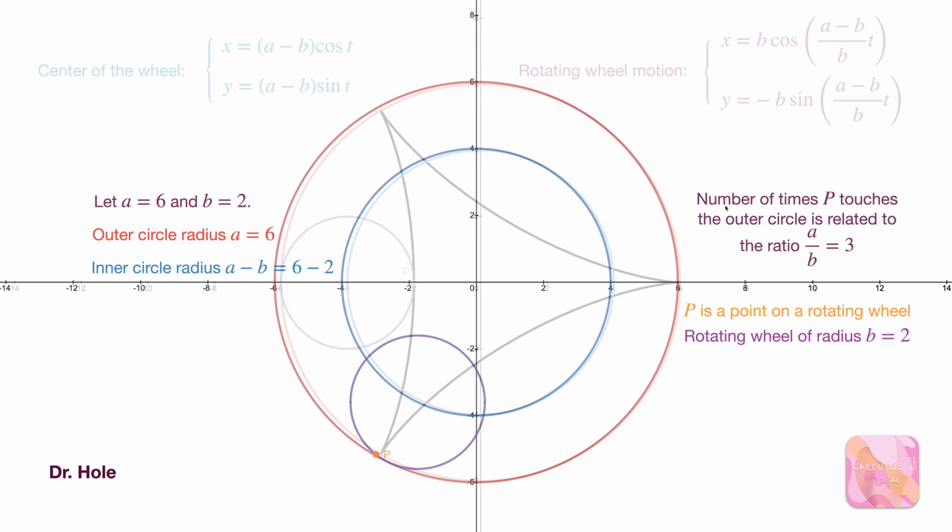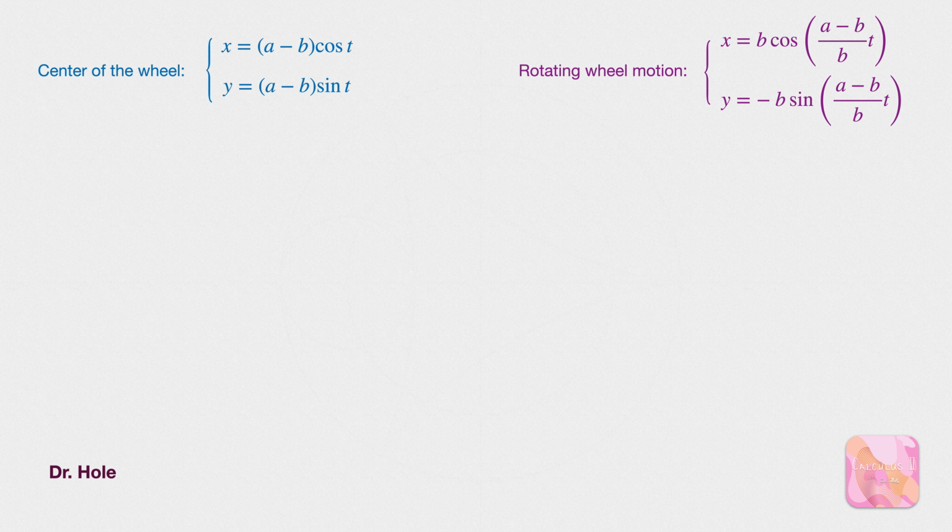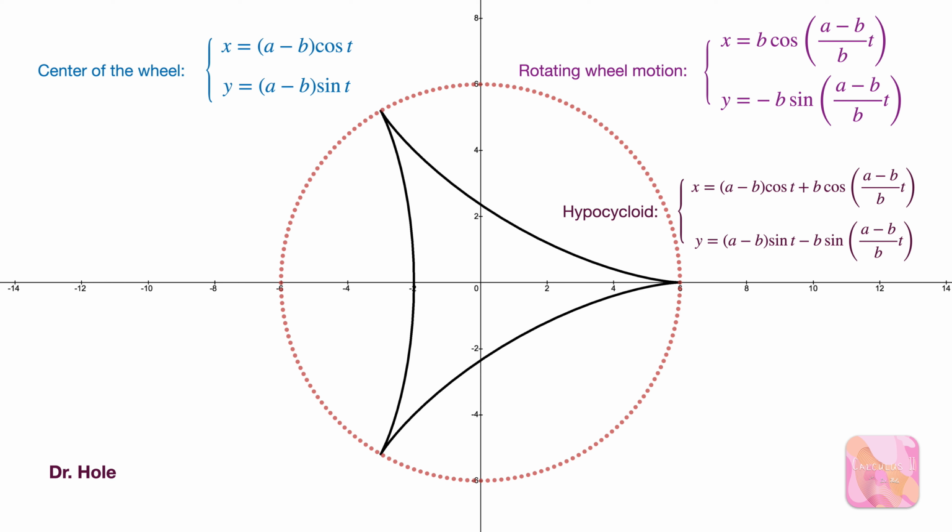Looking at what curve is traced out by that point P produces a hypocycloid. And this one is a little bit more involved, but it's the same type of notion that we look at the center of the wheel in blue parametric curves, and then the rotation of the rotating wheel given in purple, and then adding those two together produces parametric equations for the black hypocycloid.